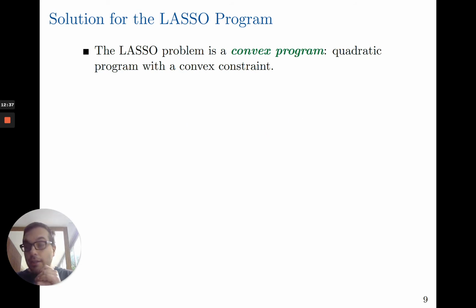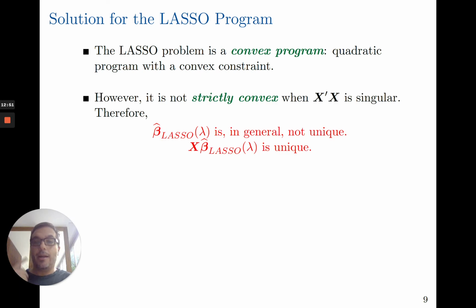So the first thing to notice is that the lasso problem is a convex program, because it's a quadratic program, the least squares, plus a convex constraint, okay? However, it's not strictly convex when X prime X is singular, okay?